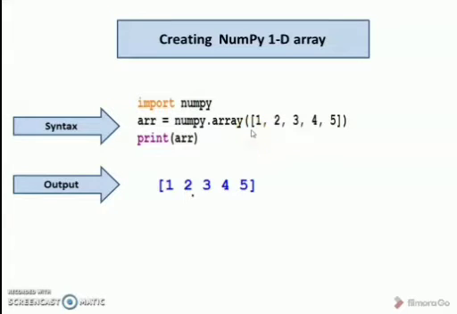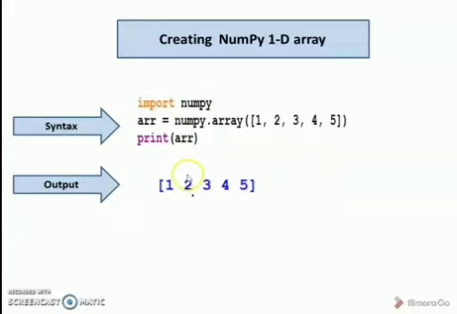So here we are writing a list with elements 1, 2, 3, 4, 5. This function will return an object of array. When we print this object, it will give output as 1, 2, 3, 4, 5.